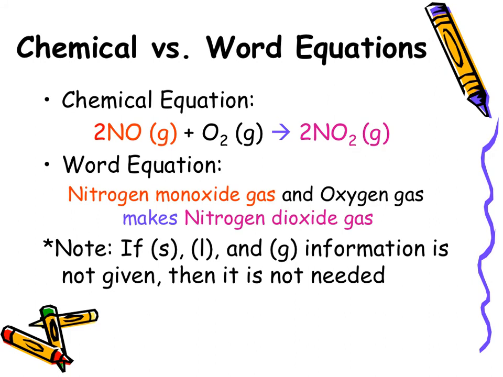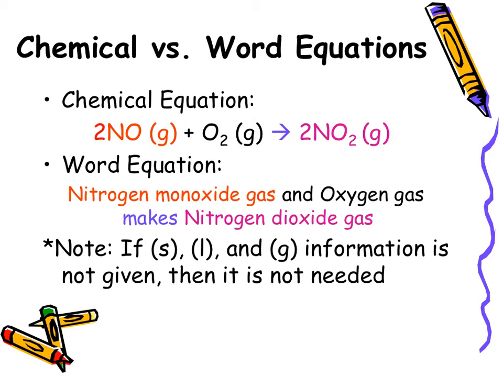What's really important too is how we can read a chemical equation. This is a big difference between somebody who doesn't know science and doesn't know what they're talking about, and this differentiates you and makes you sound like you know what you're talking about. So in here we've got our chemical equation, 2NO(g) plus O2(g), arrow, 2NO2(g). When I say it like that, it sounds real dumb. It doesn't sound like I know what I'm saying.